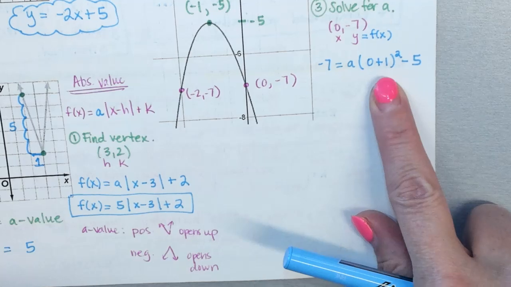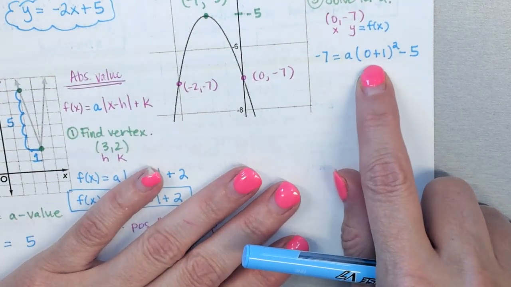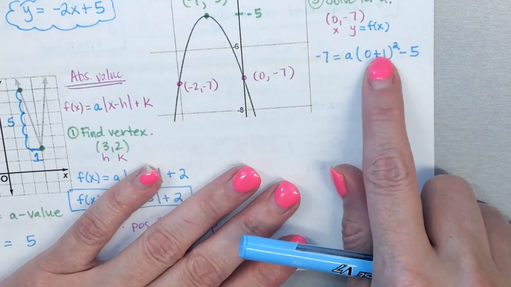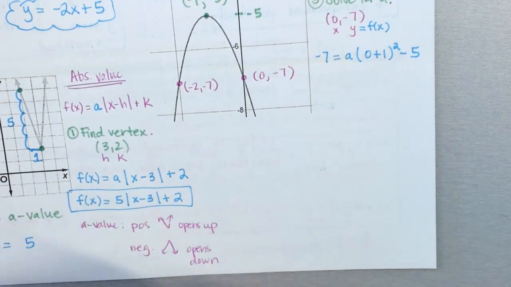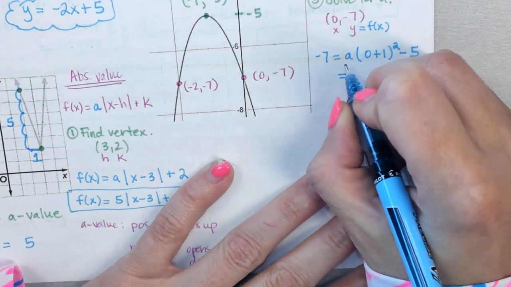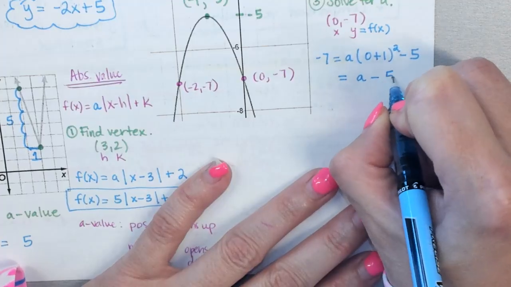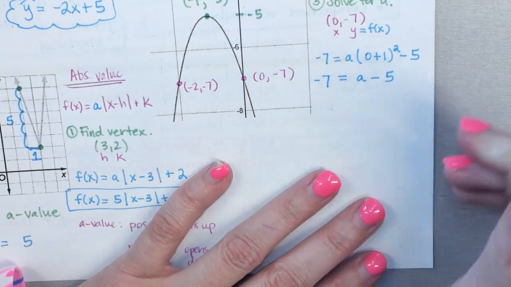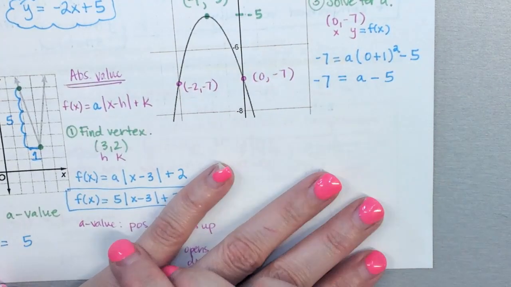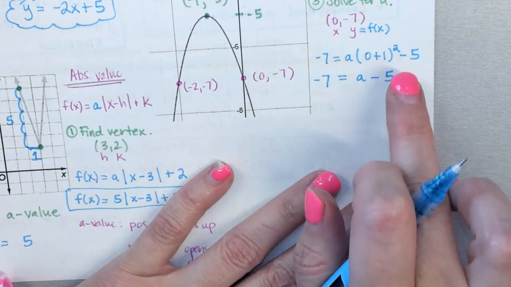Okay, and I like to do this at one time. So after that, before you multiply, remember you have to do that squared. 1 squared is just 1. Okay, if it's 1, 1 times a is just a. You can write a or you can write 1a. But you can't combine those first. You have to do this, then squared, then multiply.